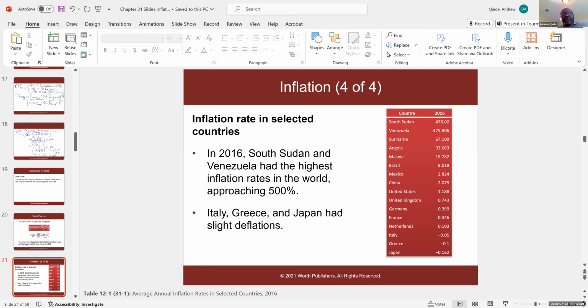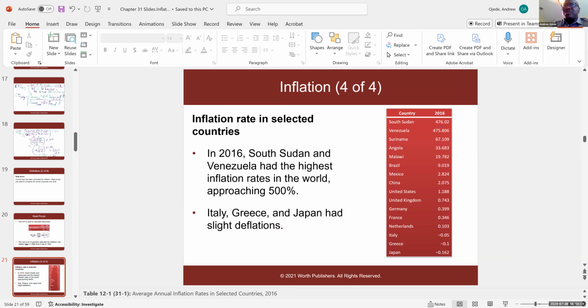Let's look at the inflation rate in selected countries. In 2016, South Sudan, one of the newest countries, formed in 2011, had inflation of 476%. Can you believe this? Venezuela was about 500%.